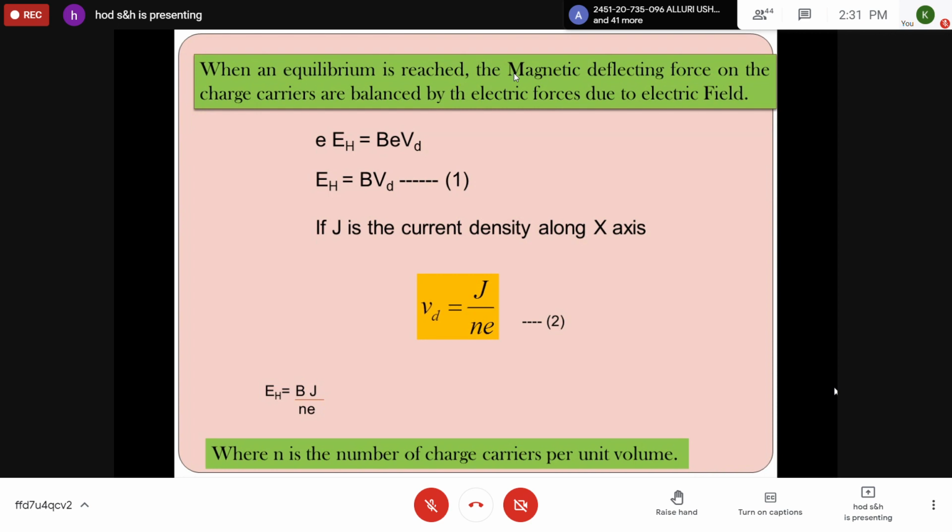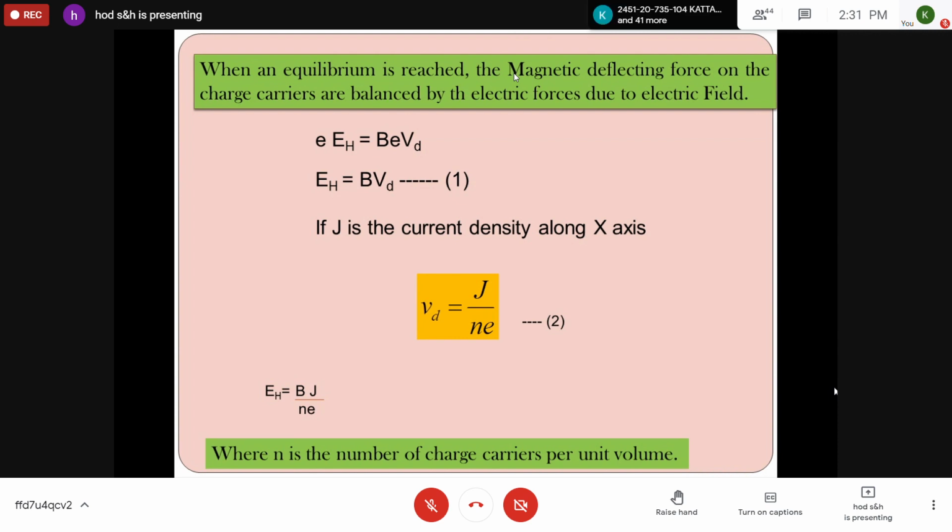If J is the current density along the x-axis, then VD is equal to J by Ne. This is the standard expression, which we discussed just now in the previous case of conductivity, where N is the number of charge carriers per unit volume, e is the charge, and J is the current density. If you take equations 1 and 2, then you can write EH is equal to BJ by Ne.